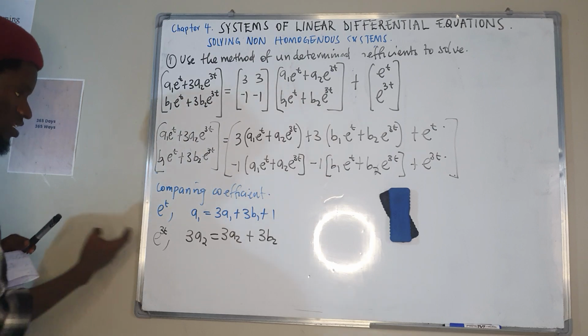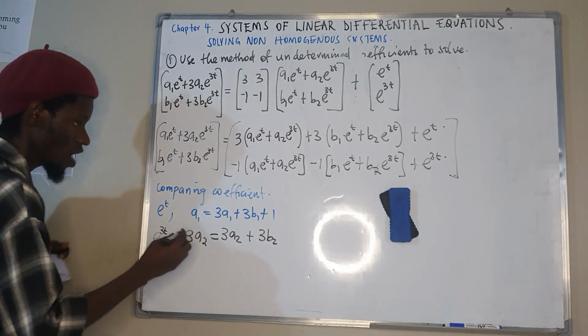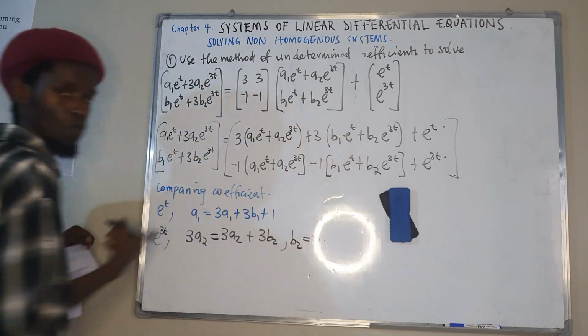But now from here, these ones are the same, so I just cancel out. I'm going to get b2 equal to 0. Now from here, I just say that b2 equals 0. I've got one value.